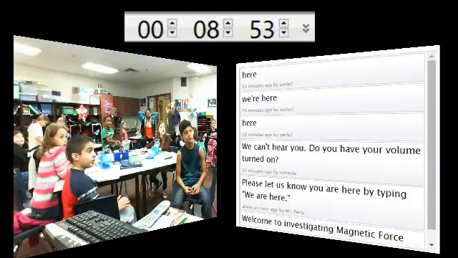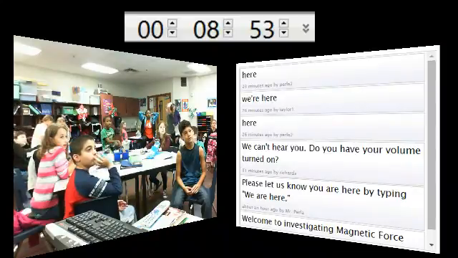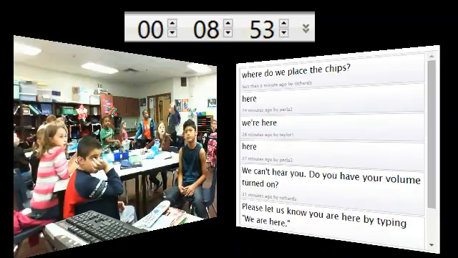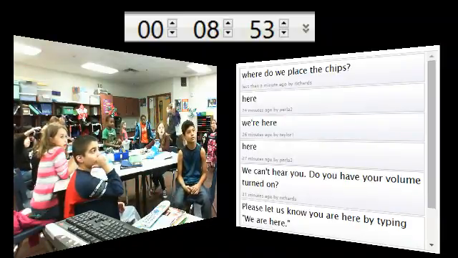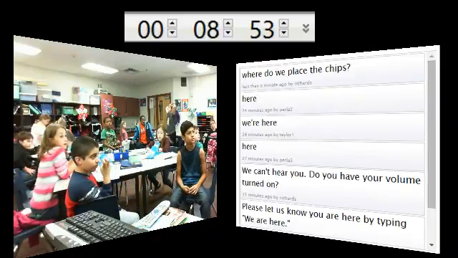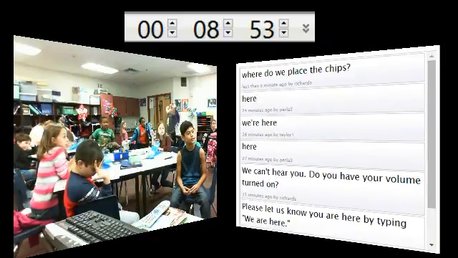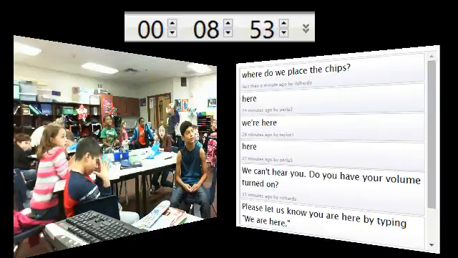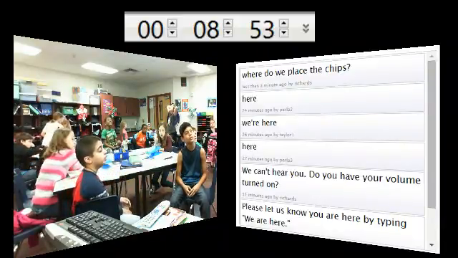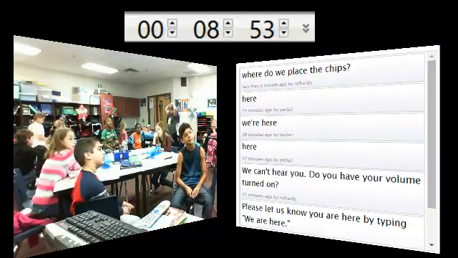Then they add one chip in between the washer and the magnet, and then they're gently putting the washers into the cup. Is that going to make a difference? Yes. Whether you're throwing them in and then the next time you're gently putting them in? Yeah. It's more pressure. If you're just throwing them in, it adds more pressure, more force. Therefore, the magnetic force is going to break faster.